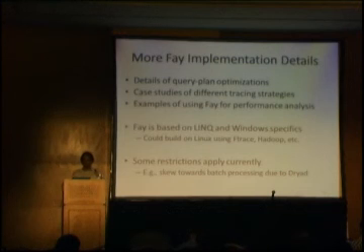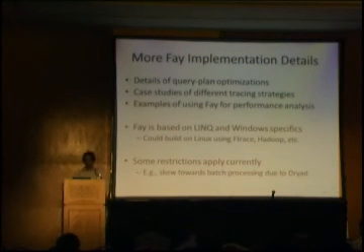Fay is based on LINQ as well as many Windows specifics, and that doesn't mean that you couldn't build Fay on another system. Our tracing ideals, the three points that I mentioned in the beginning of the talk, are also applicable to other systems. So you could build Fay on Linux by using ftrace and Hadoop, for example.